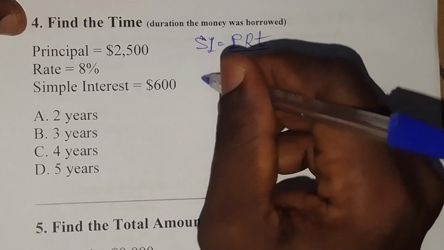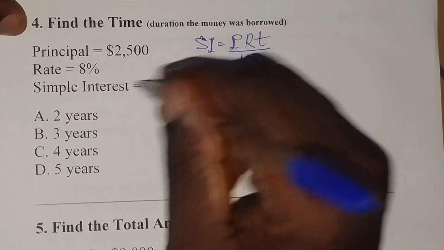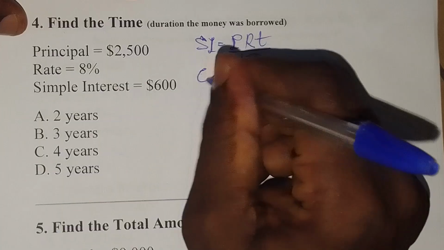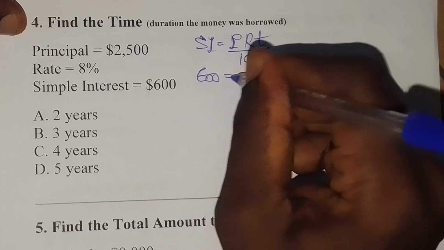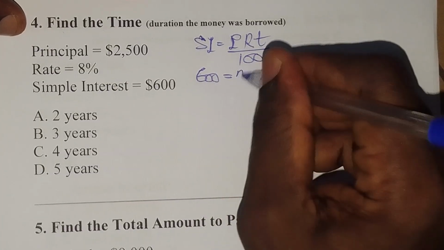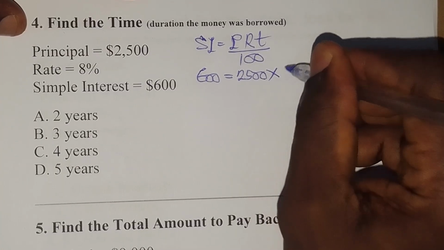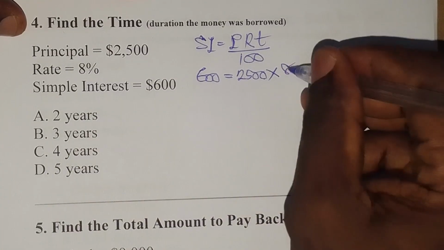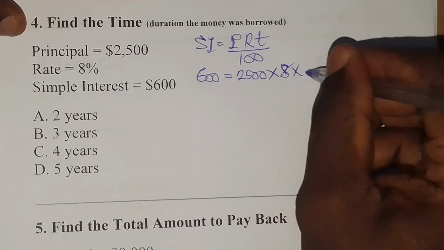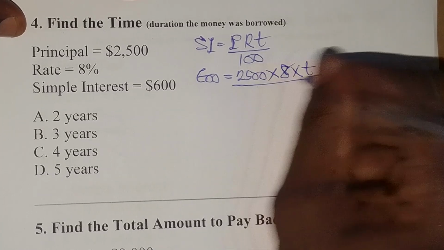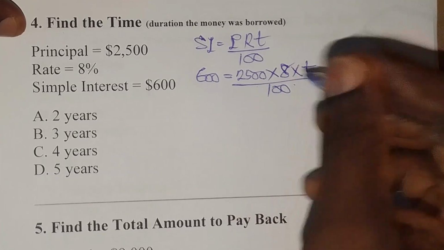So the simple interest from the question is $600, equal to the principal, $2,500, times the rate, 8%, times the time, which is what we are looking for, divided by 100.